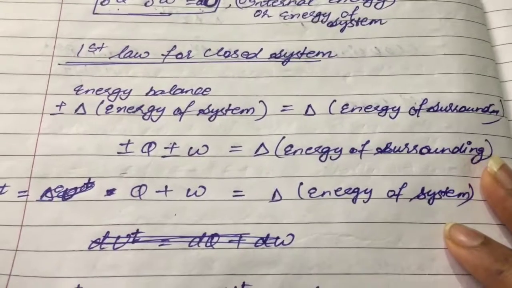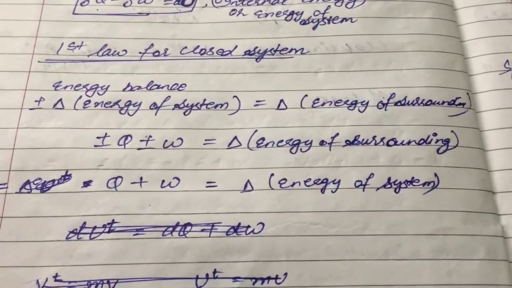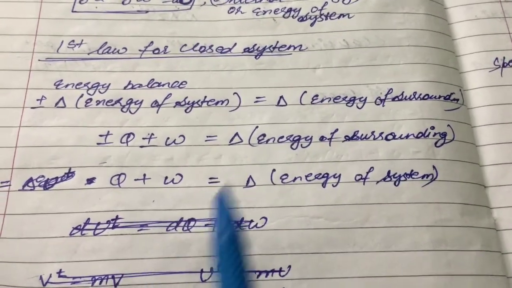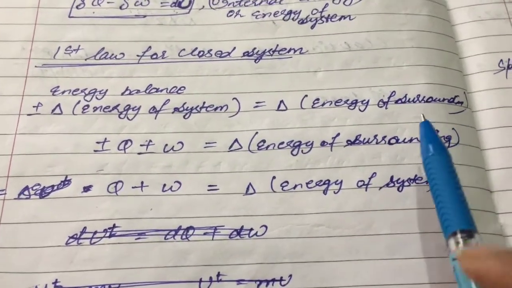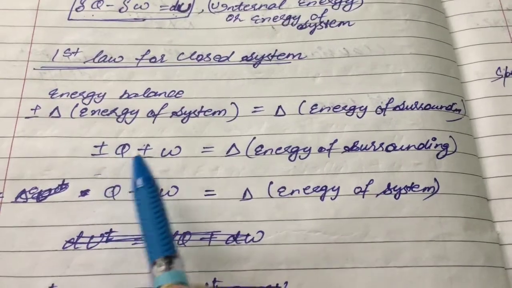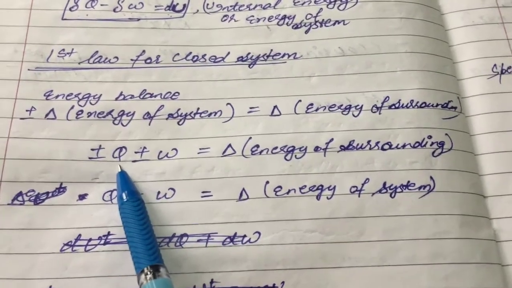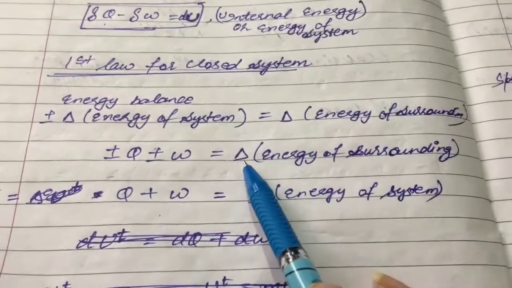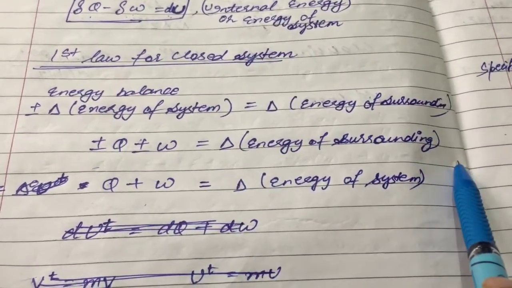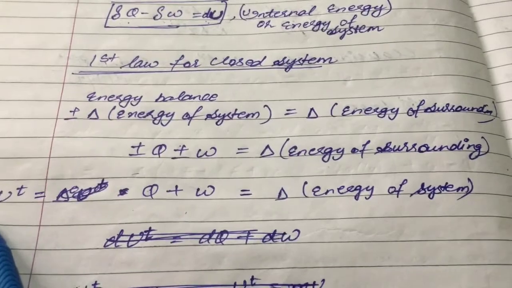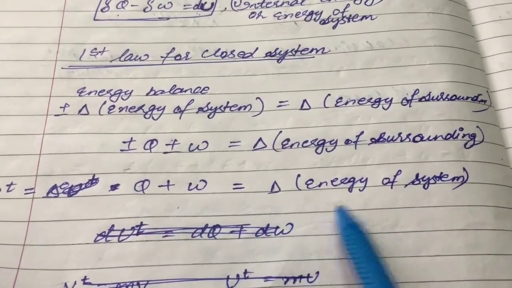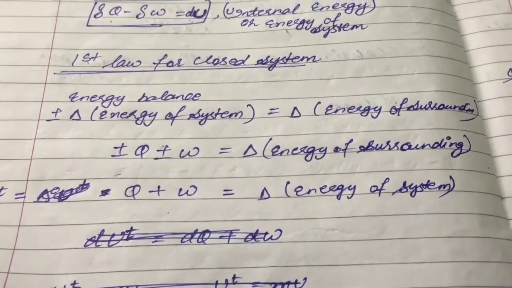Then the first law for a closed system is an energy balance between the system and the surrounding: plus or minus Q being heat transfer, plus or minus work, is equal to the change in energy of the system. So our net internal energy would be Q plus W.